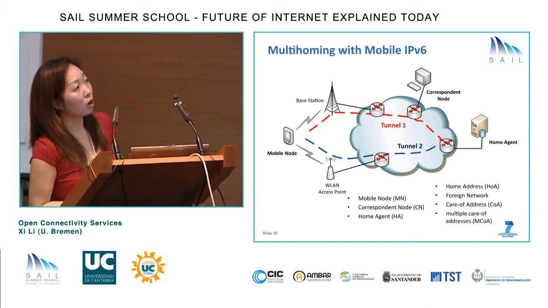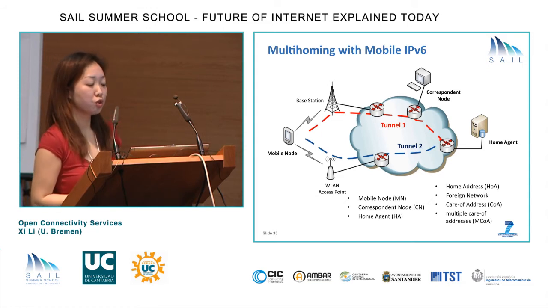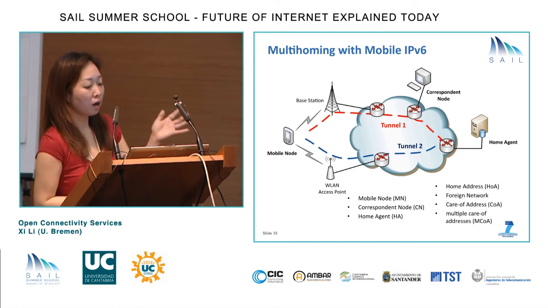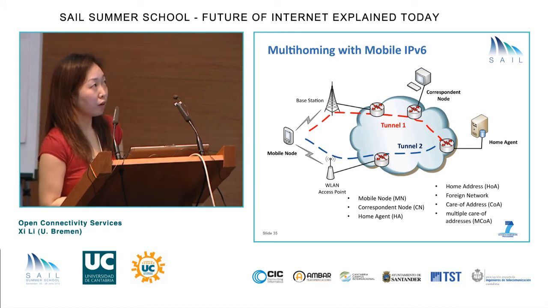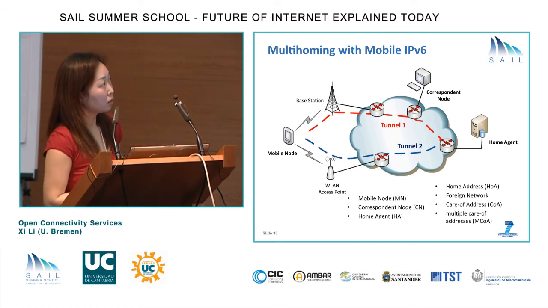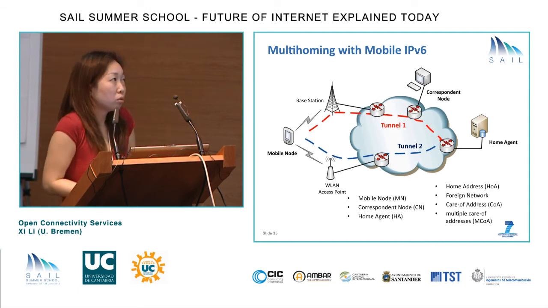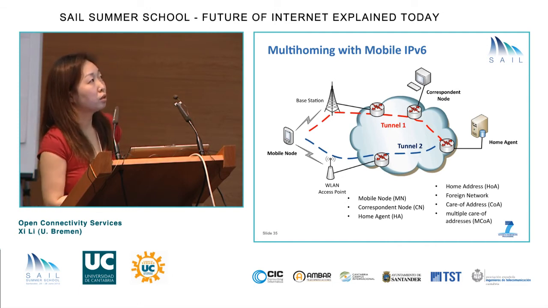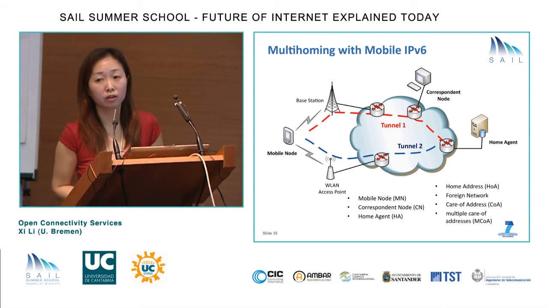With this, the home agent is going to do the association between the home address and the care-of addresses, and to provide the communication using these two paths, we establish a tunnel from the mobile node to the home agent. So the multi-homing solution enables the mobile node to use these two paths in parallel, or in some cases also switch between the two paths to transmit the traffic.